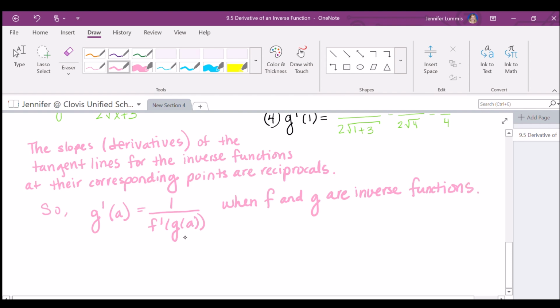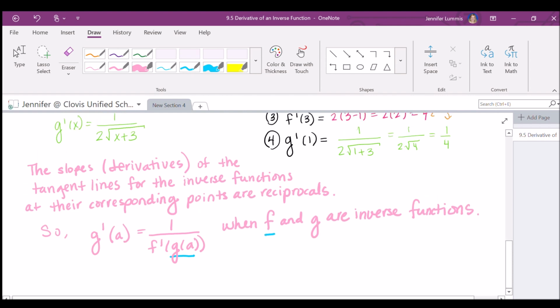So g of A is equal to some value, and that value corresponds to what's in function f.